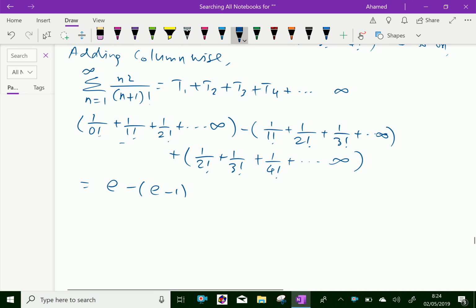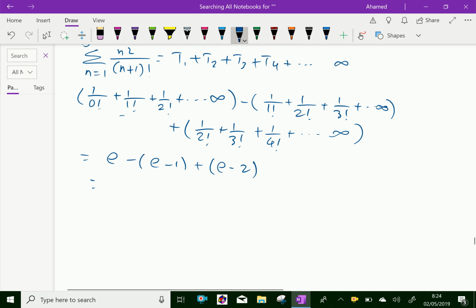The third expansion starts from 2 factorial, so 1 over 0 factorial and 1 over 1 factorial are missing, which is 2 missing, so we write e minus 2. So totally e minus (e minus 1) plus (e minus 2), which is equal to e minus 1. So this expansion gives e minus 1.